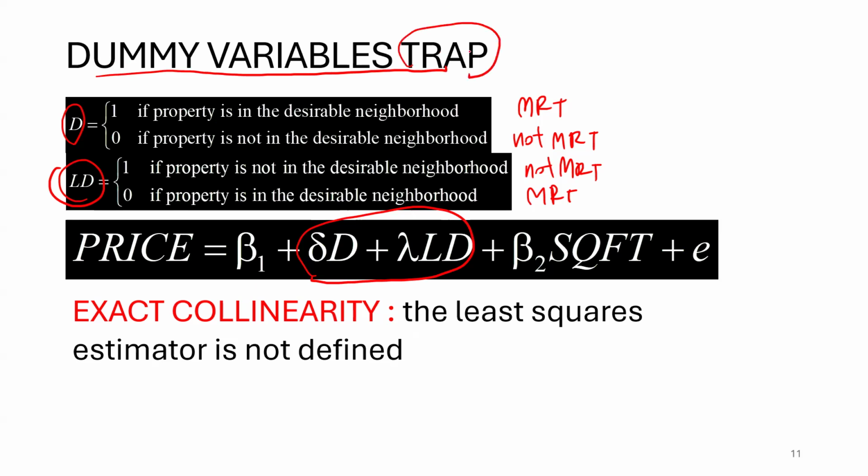Because you have two dummy variables here: the first house is very close to MRT, the second is not close, the third is not close, something like that.